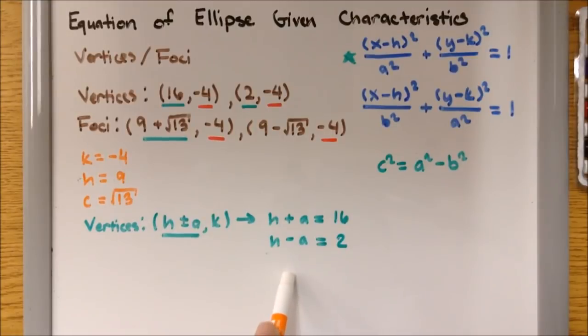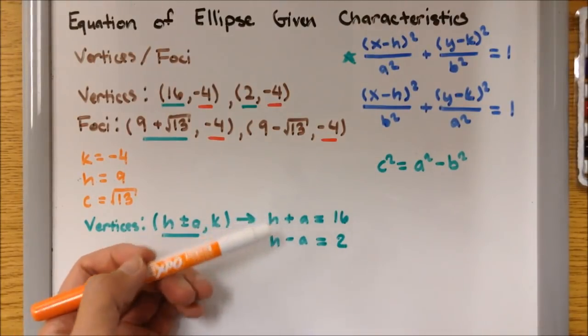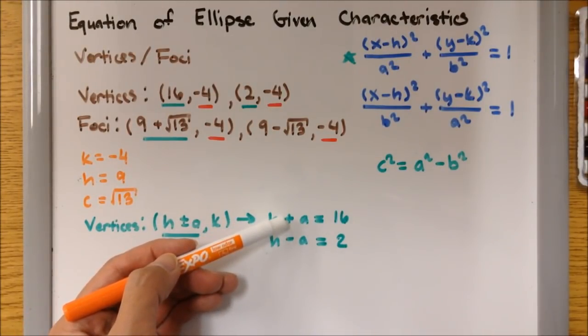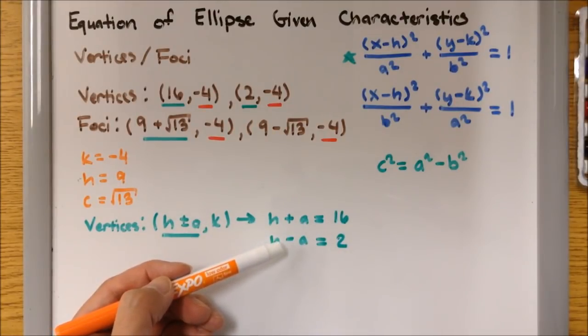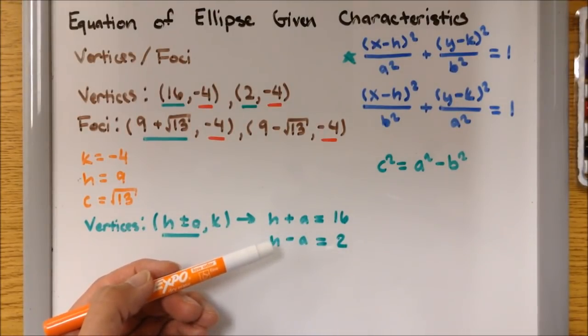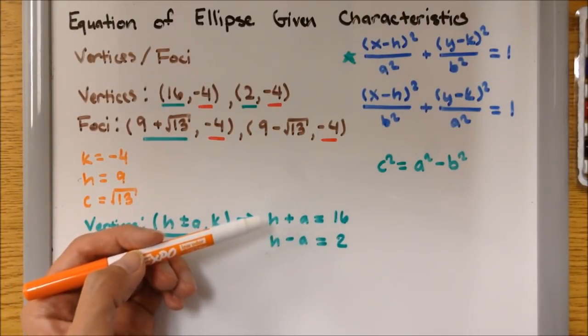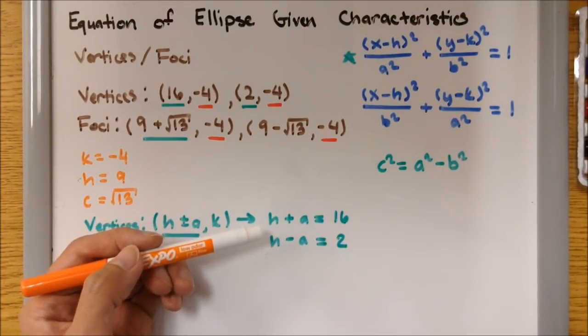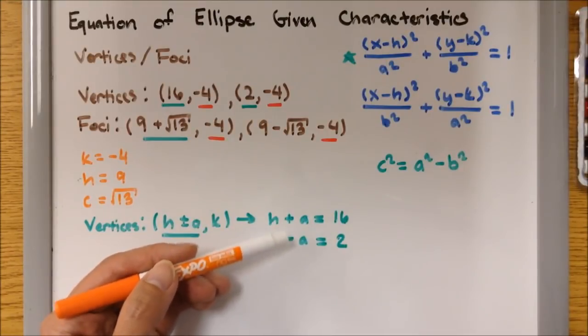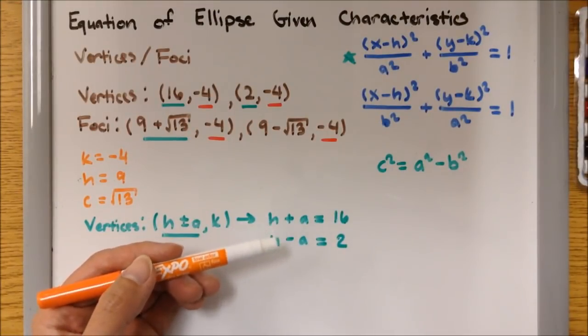Now, within this system of equations, we don't need to find h, we need to find the value of a. But here's the situation: the first a is positive and the second one is negative. If we were to solve this system with the elimination method, the a's would cancel out and we would not solve for a.